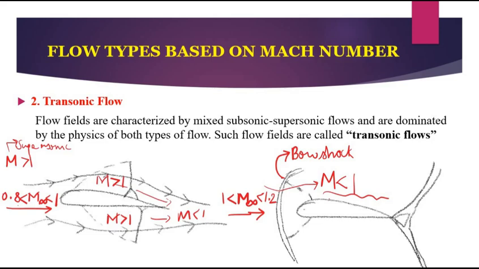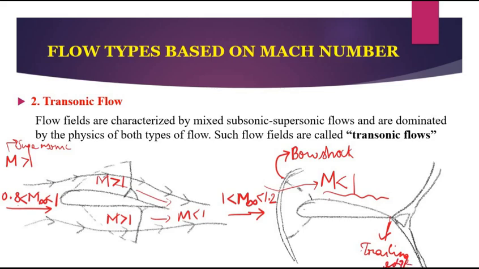It can also happen that this flow, as it proceeds further, will go to a lower supersonic value over the airfoil. And because it is becoming again supersonic, there are weak shock waves forming at the trailing edge of the airfoil. This end point is known as the trailing edge of the airfoil.